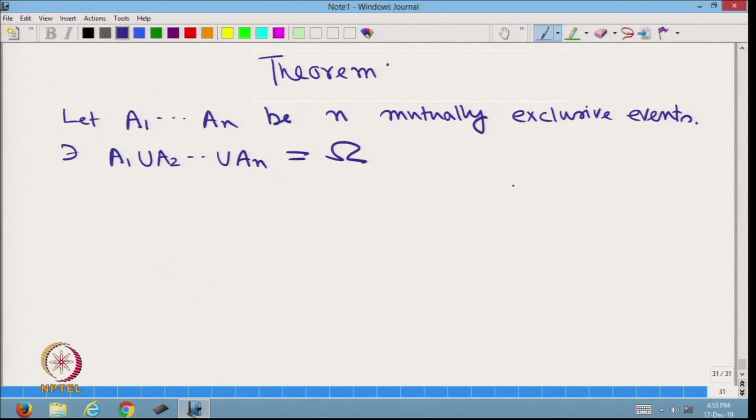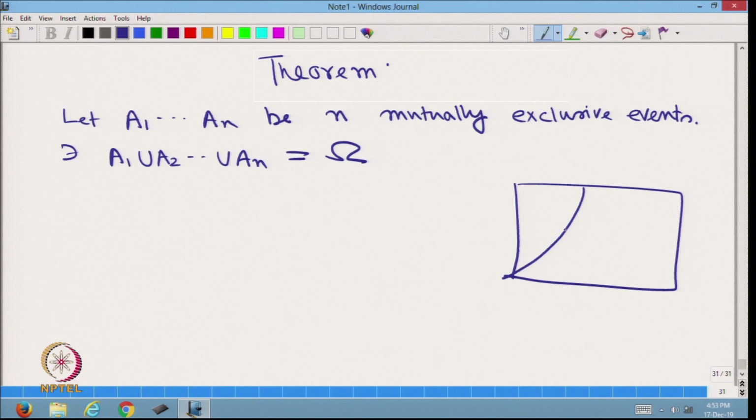Say for example, if this is our omega and I partition it into 4, this is A1, this is A2, this is A3, this is A4, and we can see that A1, A2, A3, A4 are mutually exclusive and their union is giving us omega.